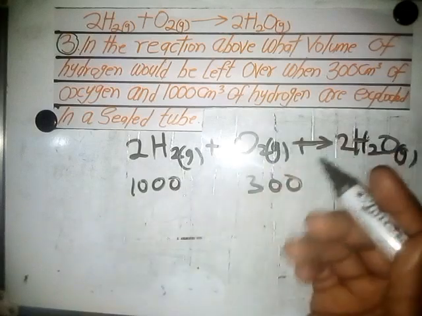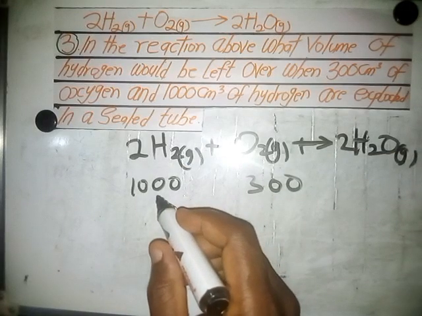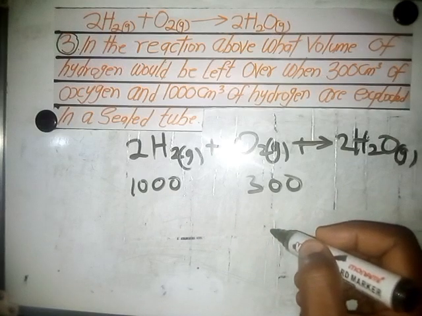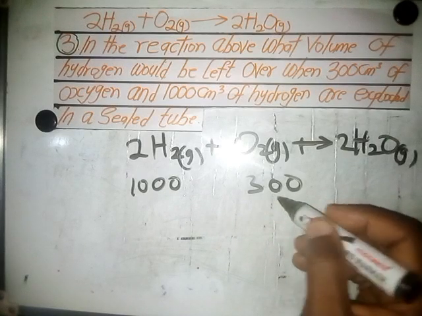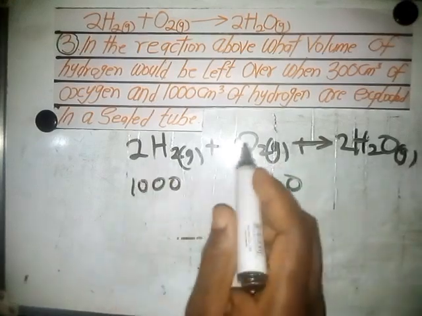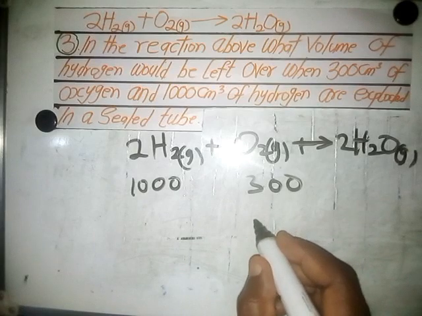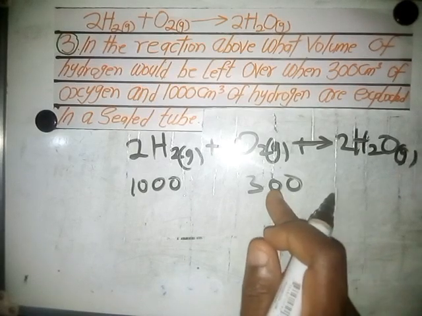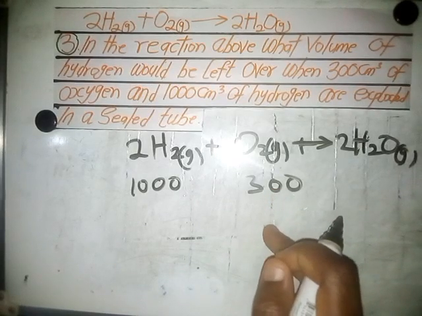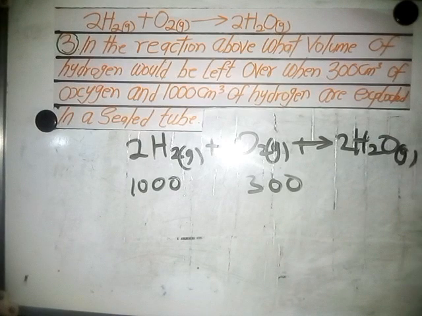All right, the usual 2:1. Remember I said if the volume here is more than this one, I'll just bring this one down. Half of 1000 is 500, but 500 is more than 300, so I cannot use 500. It's just like saying somebody has 2 naira, and I say you should give me 3 naira.